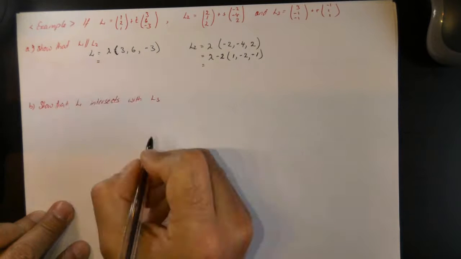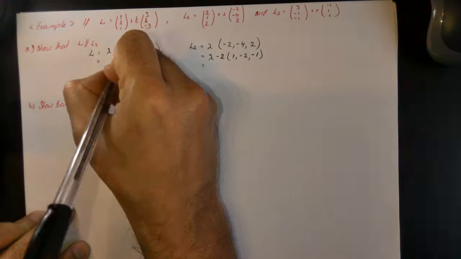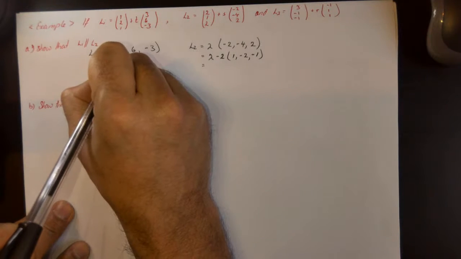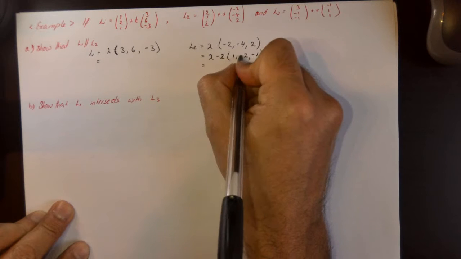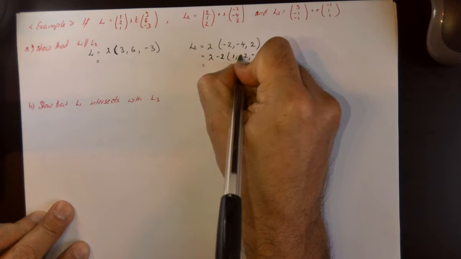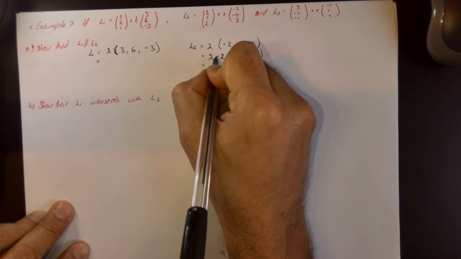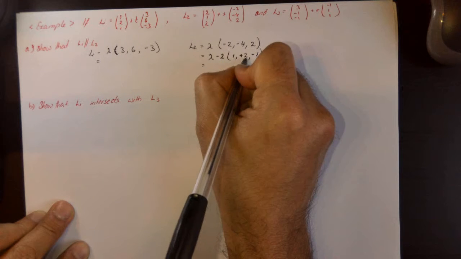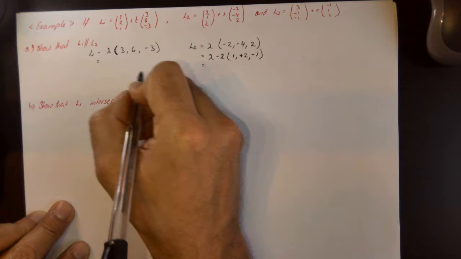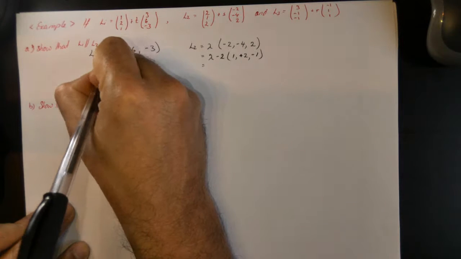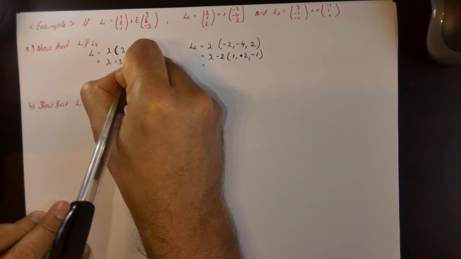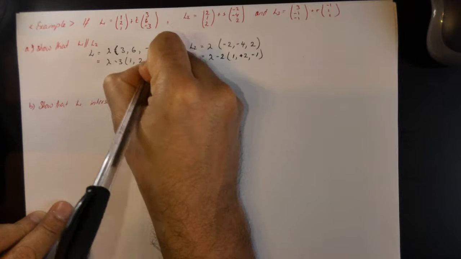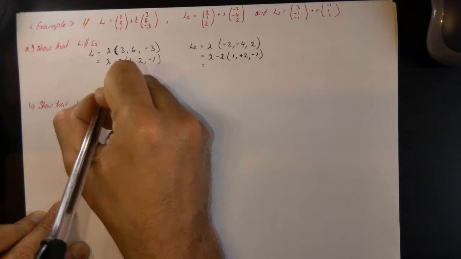And here, if I took out 3, negative 2 times positive 2 is negative 4. Yep. So if I took out 3 from here, I would get 1, 2, and negative 1. Okay.